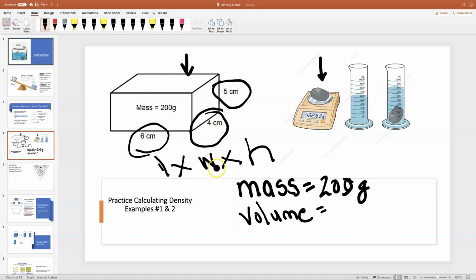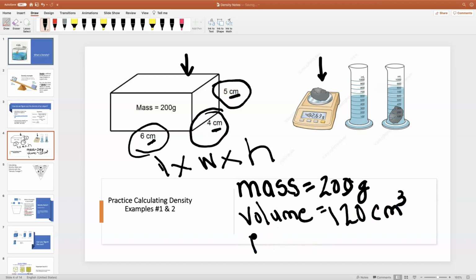Again, I would always recommend checking your mental math on a calculator, because you don't want to get through all the steps of doing density, which is not even a challenging part but is the labor intensive part, and get the question wrong because you made an error with your simple math. So we got 120, and your units, as you see, we used centimeters 3 times. So it's going to be 120 centimeters cubed.